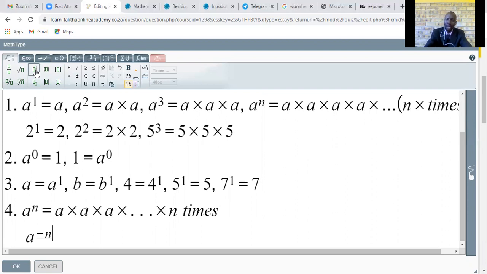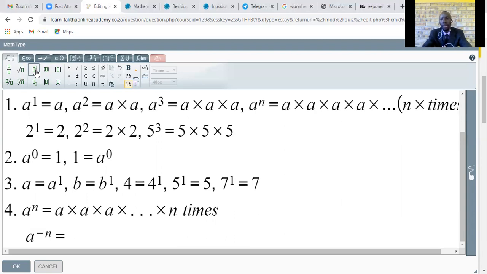Well, it turns out that one way of turning this around is to get the reciprocal of the whole thing. So now what do we have? We do have A power negative n. And so how do we write it without a negative exponent?